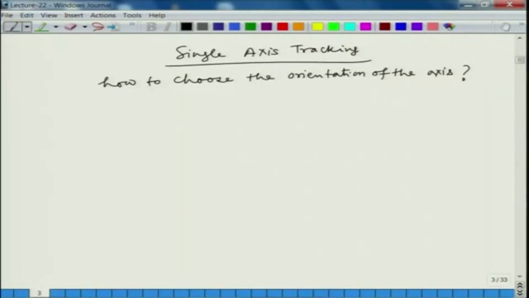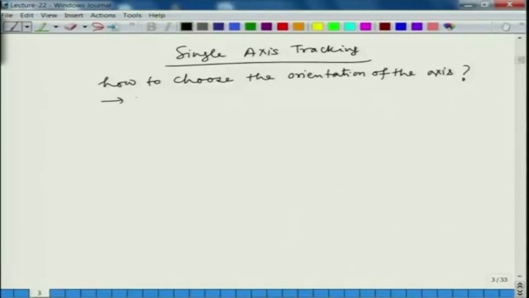Now, for a single axis tracking you can choose several orientations of the rotating axis and how often you are going to give motion to it, and with that choice the optical concentration ratio you can get will vary.